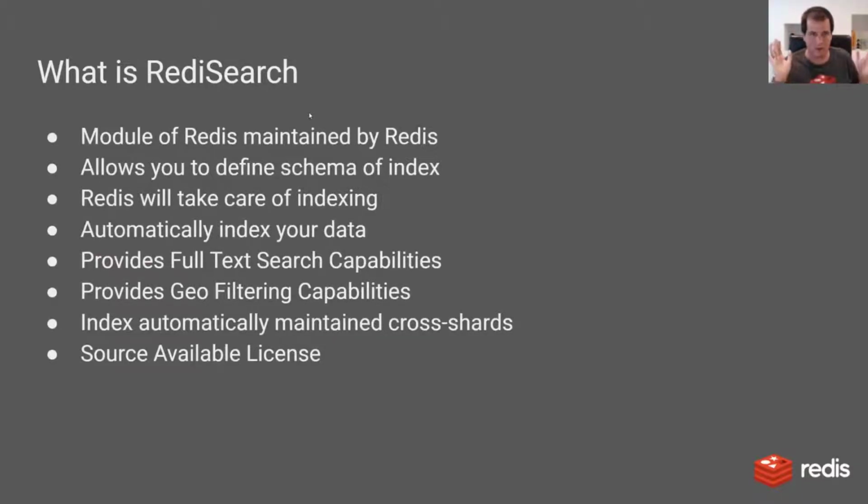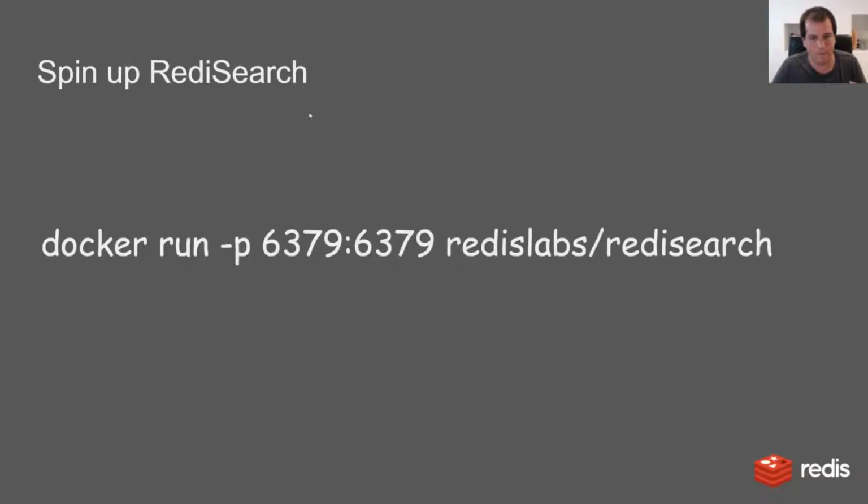It automatically takes care of all those cross-sharding concerns that you have, and it provides all sorts of numeric queries, text matching, full text, even geo-searching capabilities. And it allows you to, like I said, index atomically across shards. And it is available under that same source available license that I was referring to with Redis JSON before.